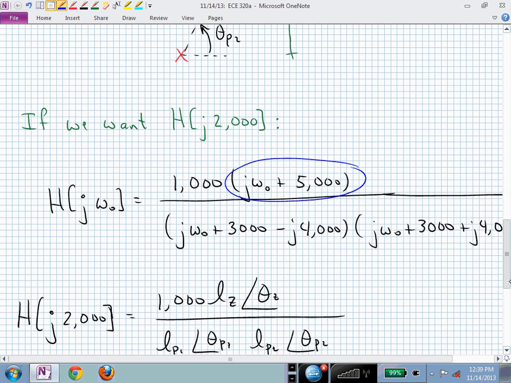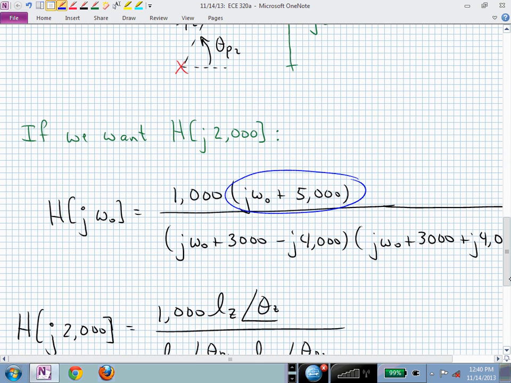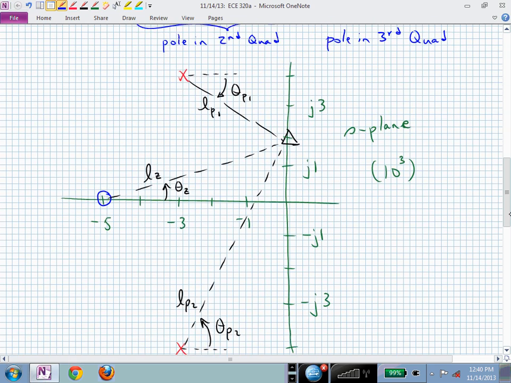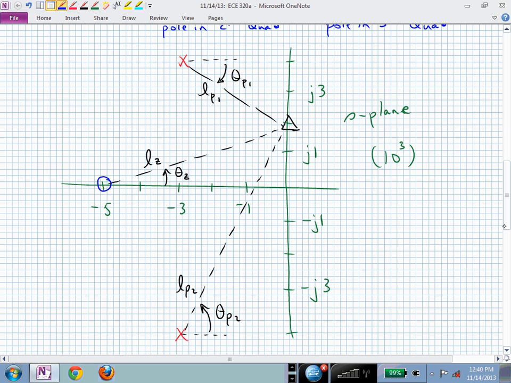Where did the 2,000 come from? From thin air. So the j2000 right now, you don't know where that came from. Later I'm going to say, suppose we have an input at a frequency of 2,000 radians per second. I simply selected that 2,000 as a value that illustrated that the angle associated with that upper pole can be negative, its contribution.